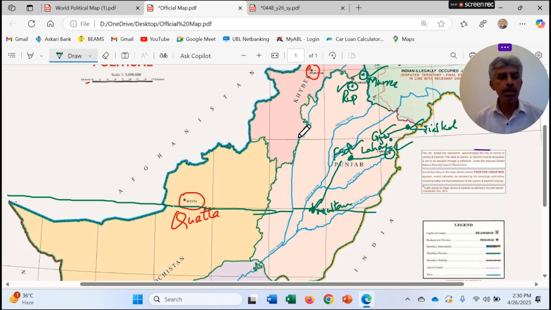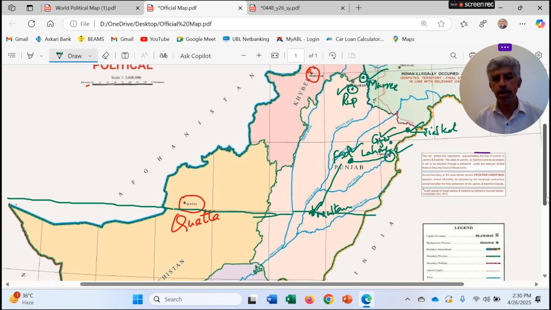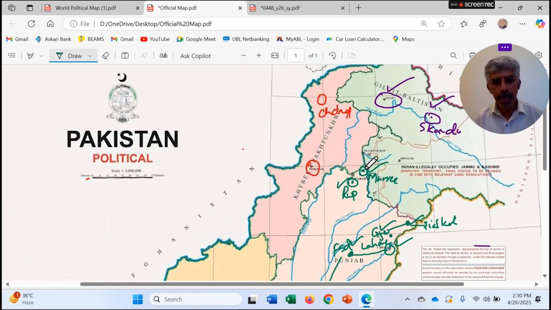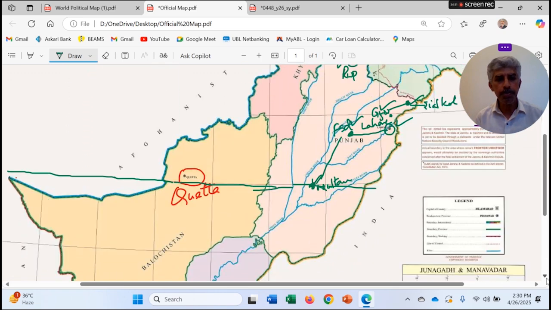And Murree is very close to the 34-degree line. This one is the 34-degree line, right? And Gilgit is very close to the 36-degree line, right? So these are a bit of hints for you.